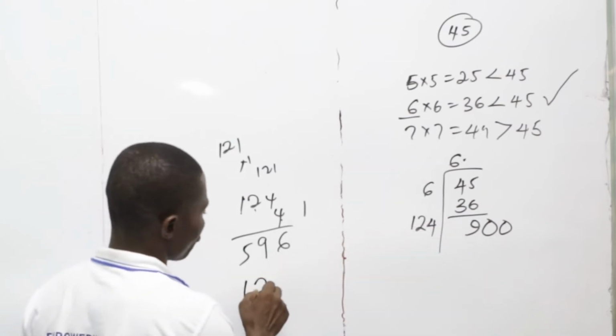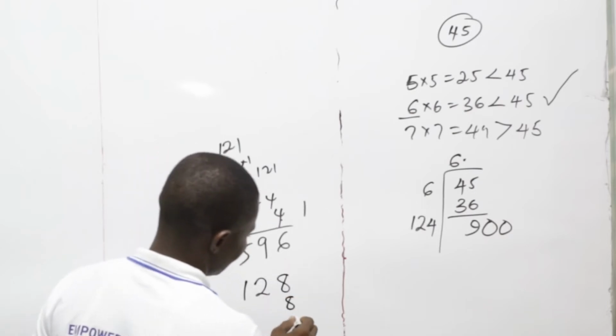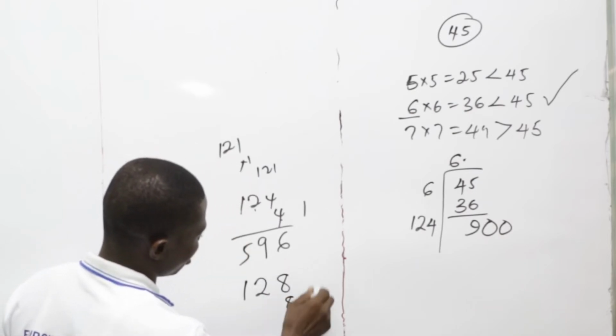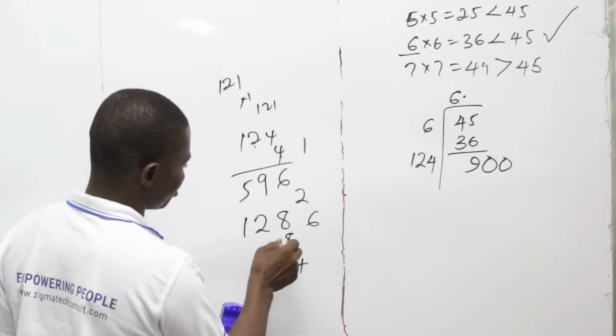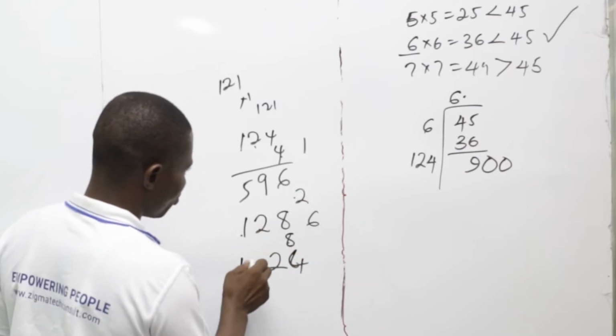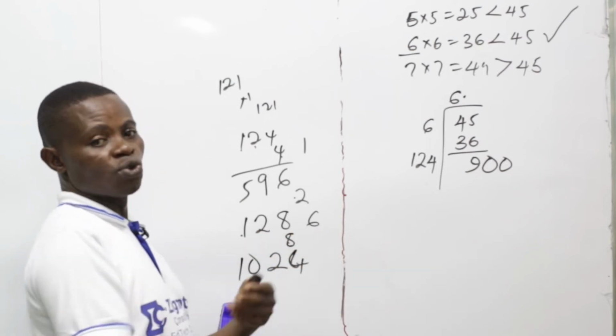So we'll now say 128. This is 64, carry 6, this is 16, 22, carry 2, this is 8 plus 2, 10. That is 1,000 something. 8 is too big.